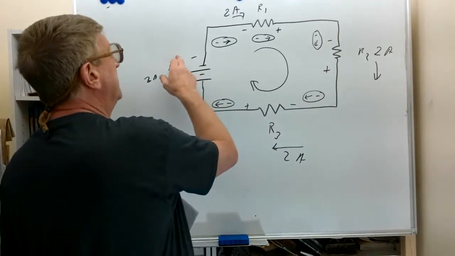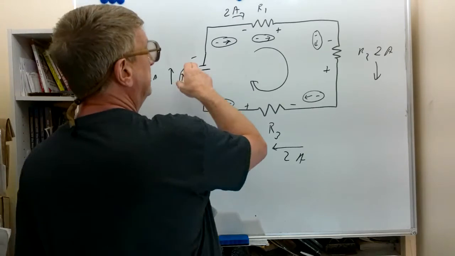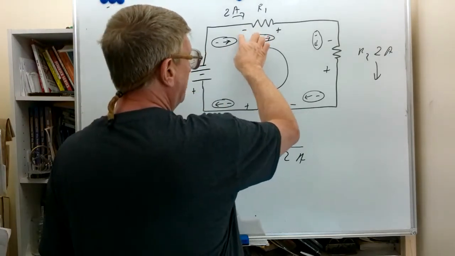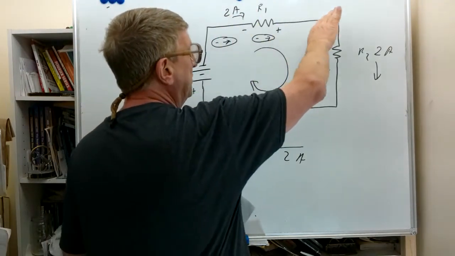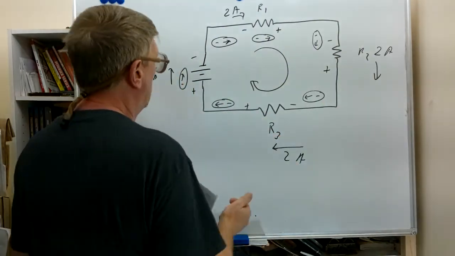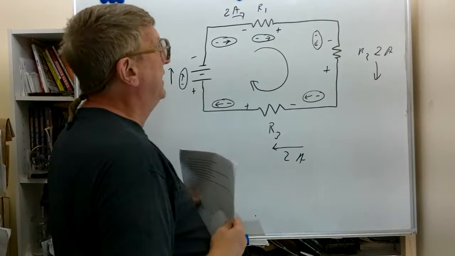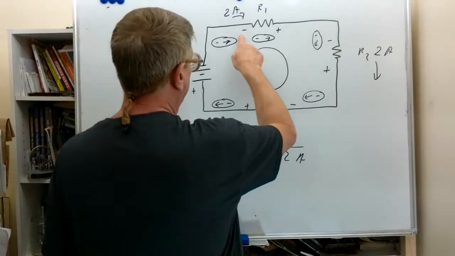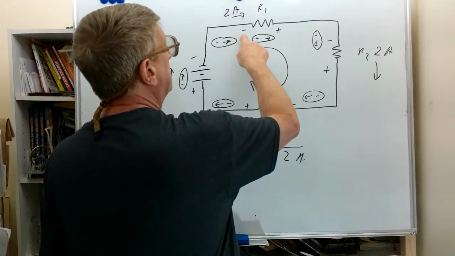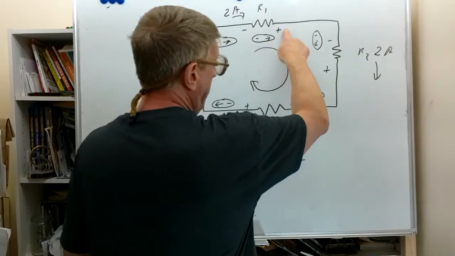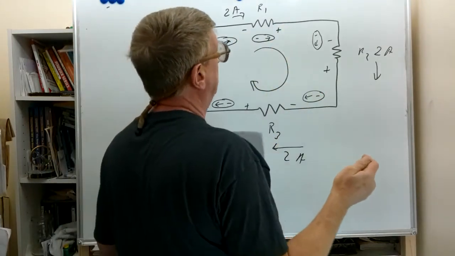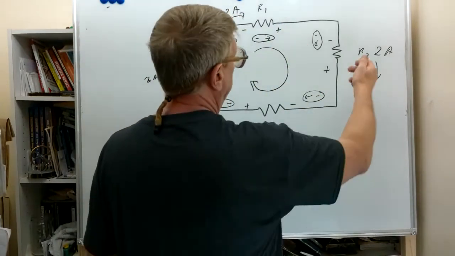Basically, as an electron leaves the battery, it causes electrons all along the circuit to be repelled in that direction, in the counterclockwise direction, which will cause an electron to enter the positive terminal of the battery at the same time. And we see an electron going into the negative terminal of R1, same time an electron coming out of the positive terminal of R1.